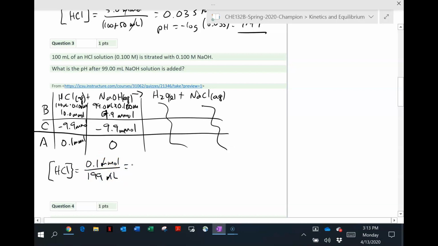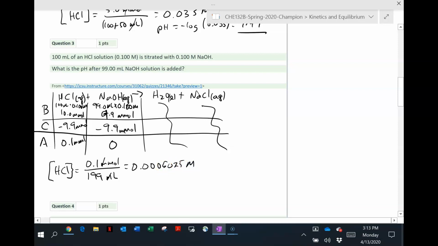So that concentration, 0.1 divided by 199, is 5.025 times 10 to the negative fourth molar, so much smaller.